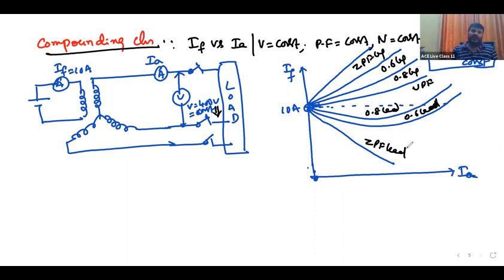These are just opposite to the earlier characteristics. You may raise a doubt: sir, for 0.8 leading, it decreases, then again increases. As long as regulation is negative, I will decrease. But when regulation is positive, voltage decreases, so again you have to increase.